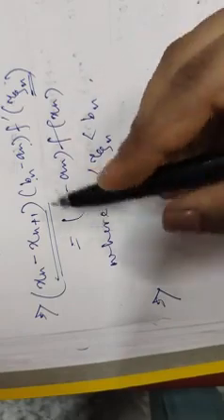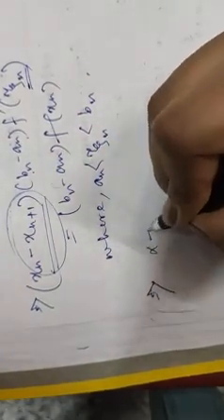In the next step, we are introducing one alpha in that interval. We are writing it as alpha minus xn plus 1 minus alpha minus xn.